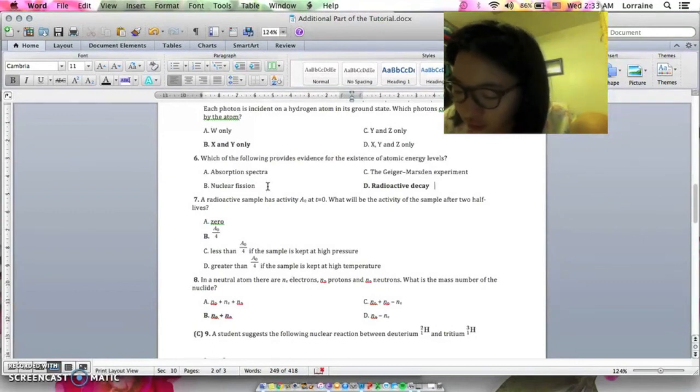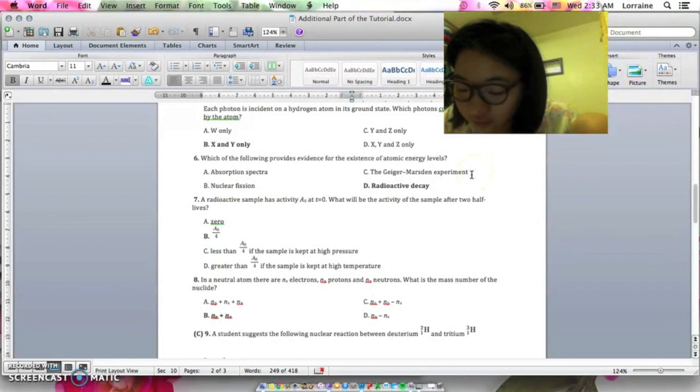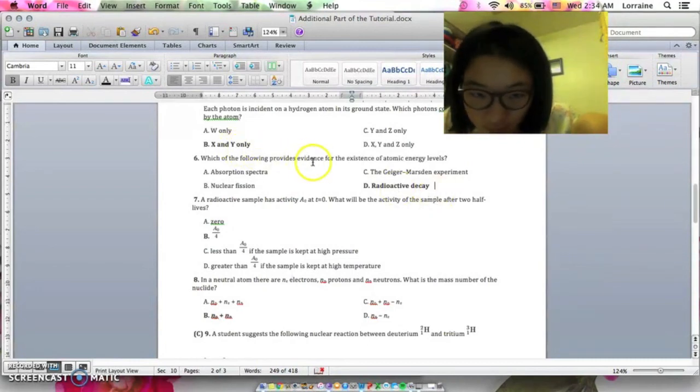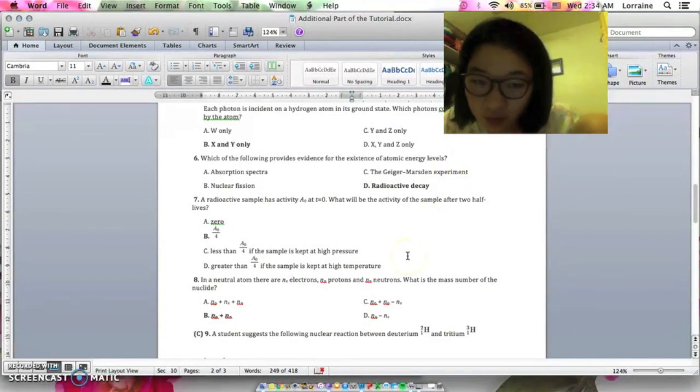For the Geiger-Marsden experiment, scientists discovered that every atom contains a nucleus where its positive charge and mass are concentrated. Radioactive decay is defined as a process where an unstable atomic nucleus loses energy by emitting radiation. So that's why radioactive decay provides evidence for the existence of atomic energy levels, because the unstable atomic nucleus loses energy when it emits radiation.